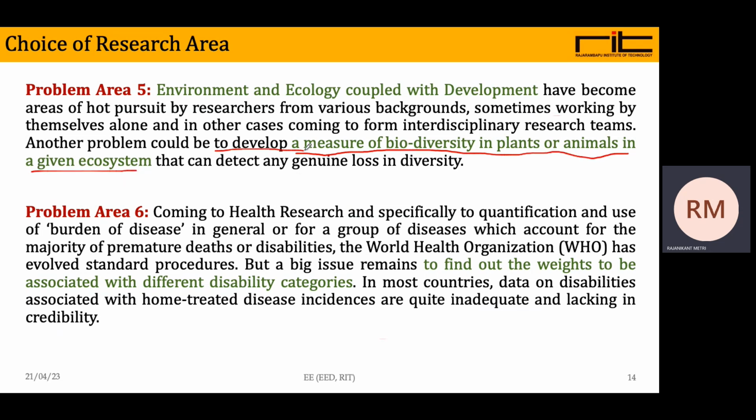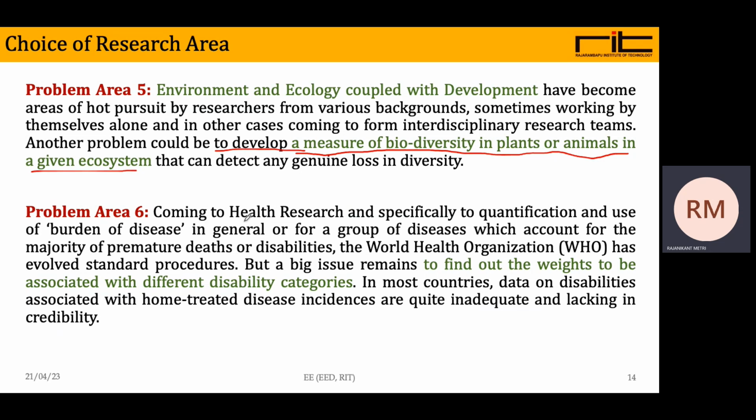So this is one kind of problem for environment and ecology. Here environment and ecology is a broader area, and measuring the biodiversity in plants or in animals is the sub area.